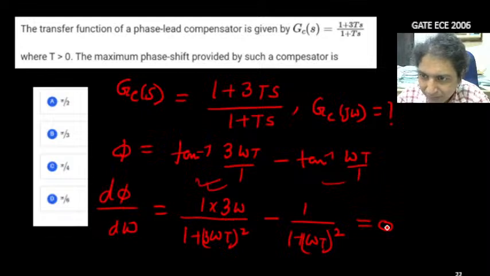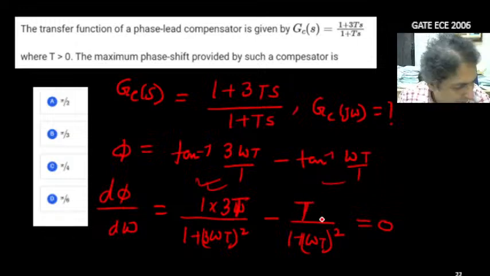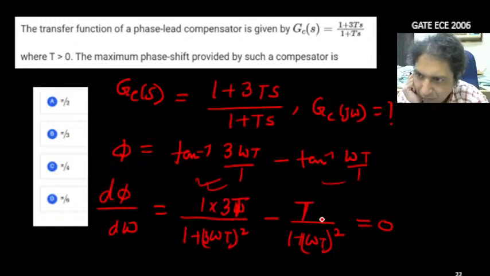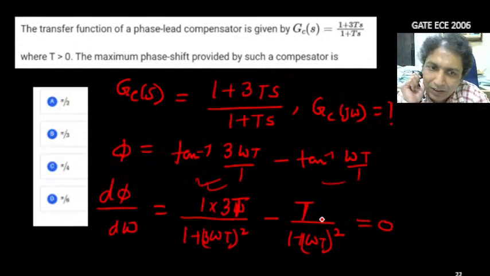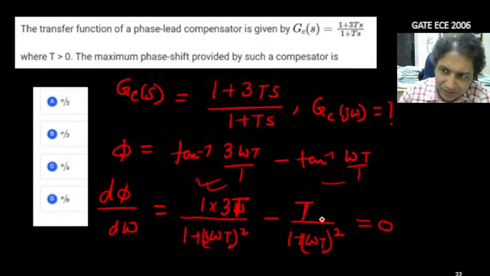Sorry, I forgot this thing: 3T should be there in the numerator and T in the other, since we are taking the derivative with respect to omega.